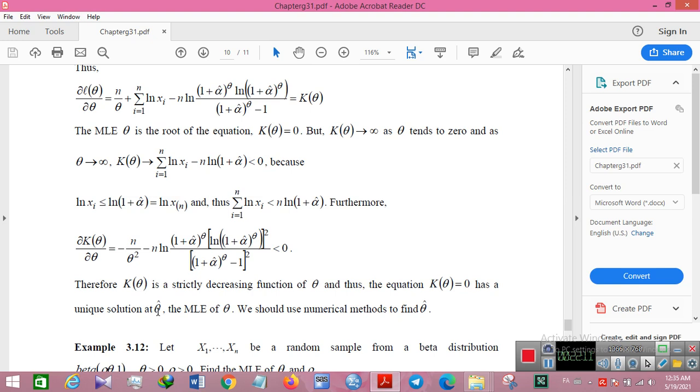Actually, we should look at two problems. One problem is that it is possible to need a numerical method to find it, not only a theoretical method to find the MLE estimator.